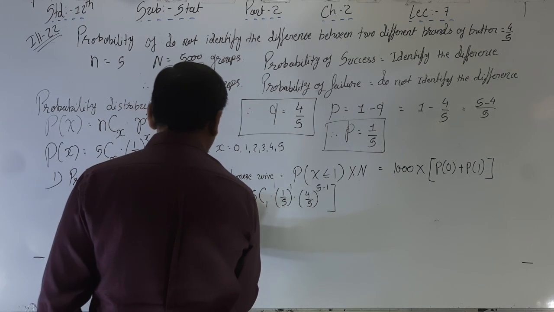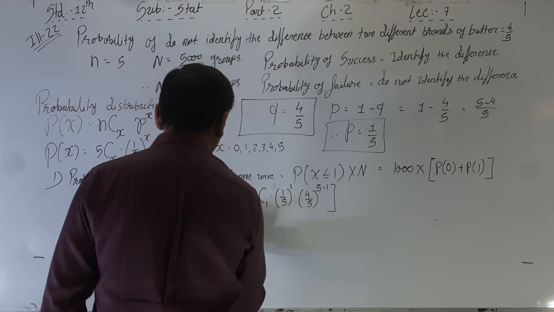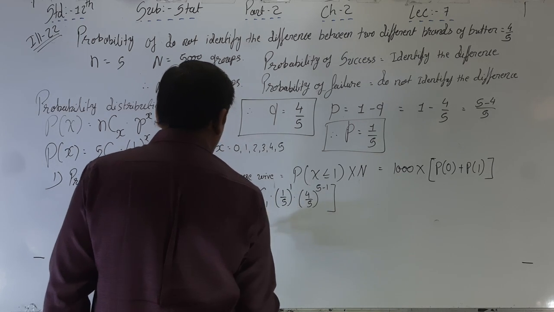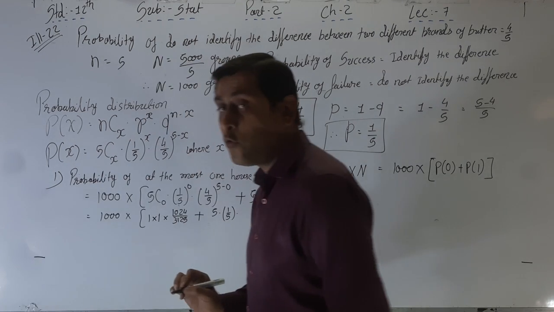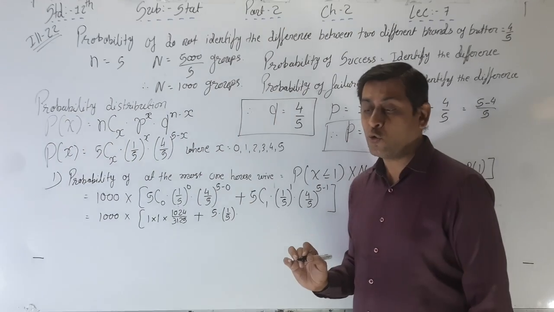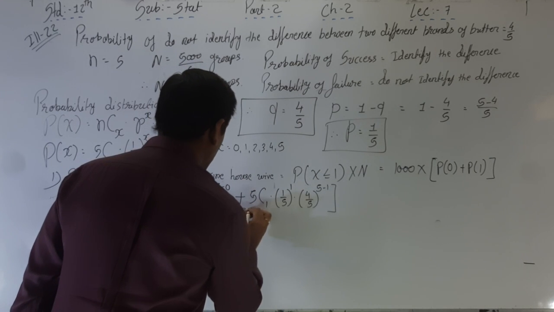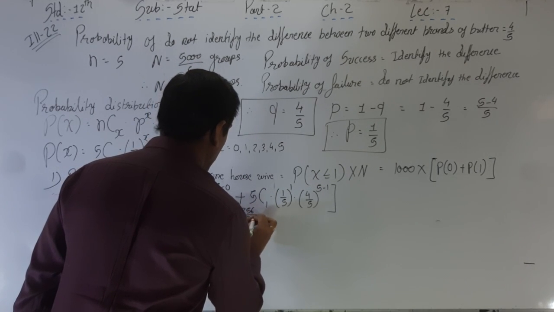Plus 5C1, that is 5, into (1/5) raised to 1, that is again 1/5 as it is. Now 4 raised to 4 and 5 raised to 4: (4/5) raised to 4 is 256 divided by 625.